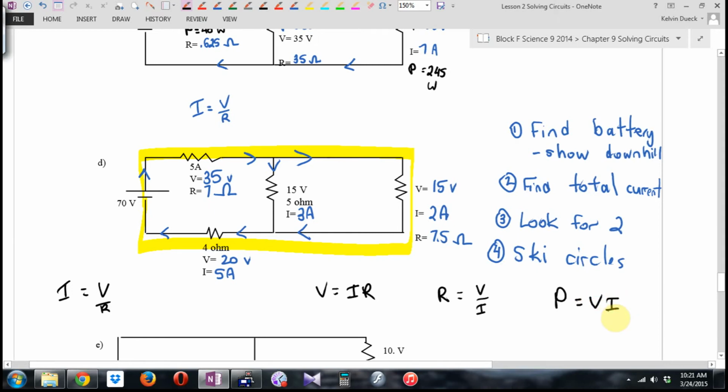So instead of asking you to find everything, I could ask you if these are all light bulbs, how many watts are they? How many watts is this top light bulb? V times I. Got a calculator, go ahead. How many watts is this light bulb here? 175?